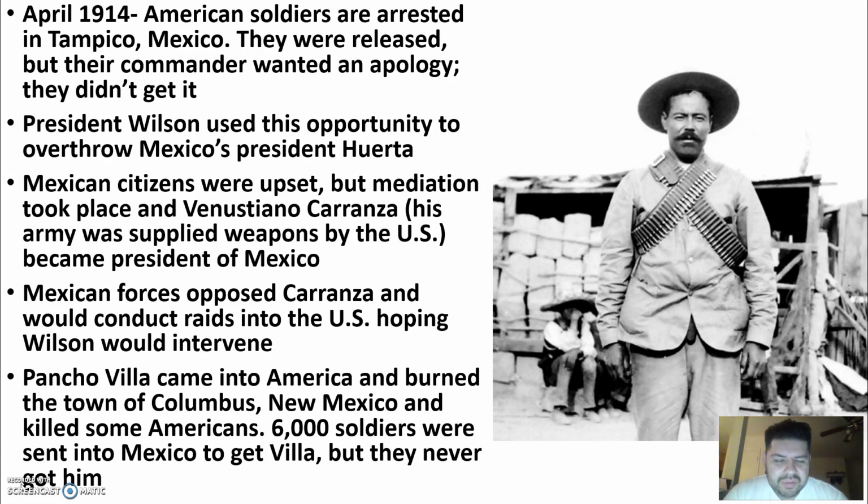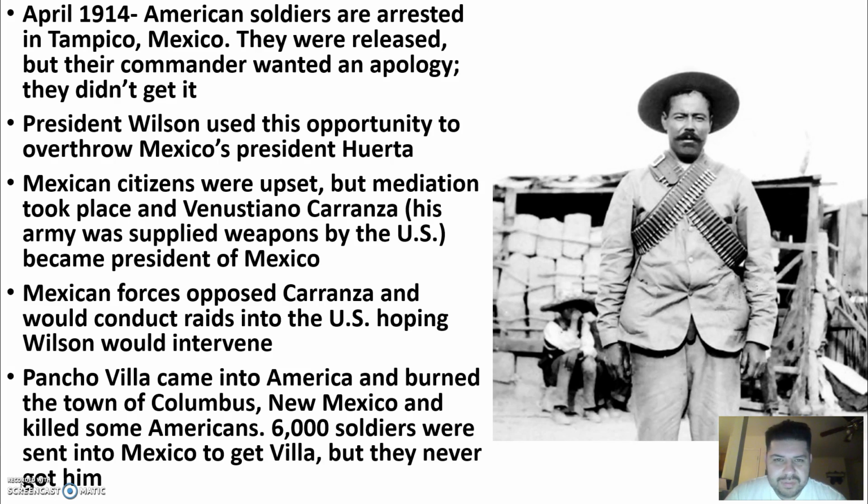And this caused some friction between the US and Mexico again. Now, the Mexican forces basically started conducting raids in the US. Because they figured, hey, if we can get a reaction from Wilson and show that Carranza can't hold us back, then he'll take Carranza out, just like he did Huerta.